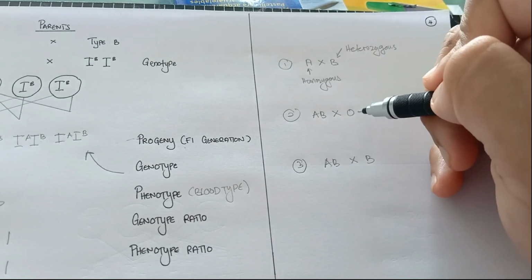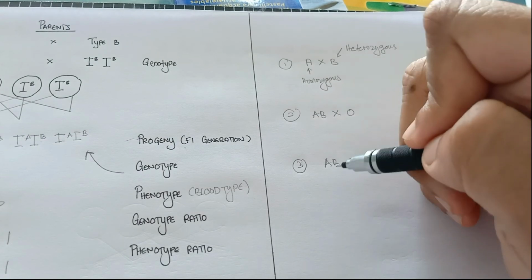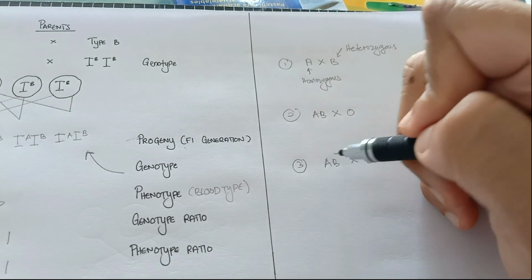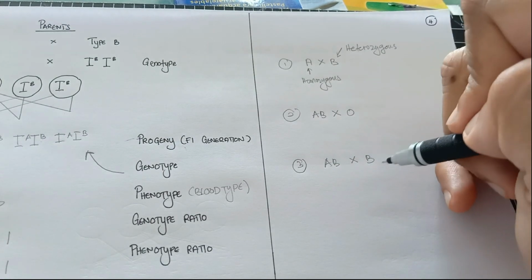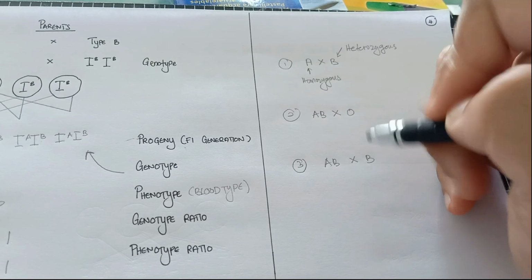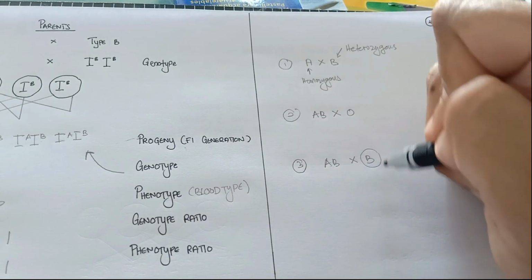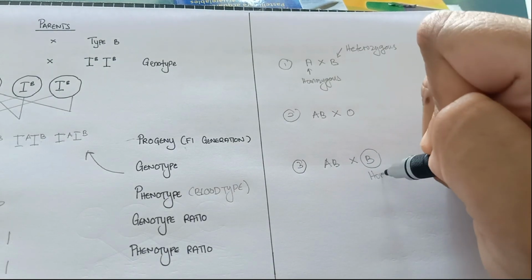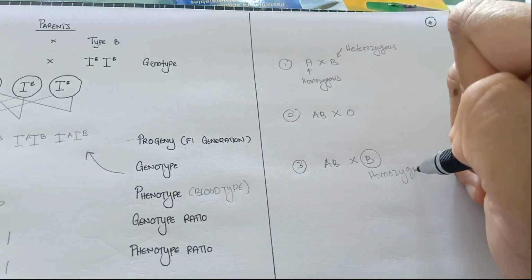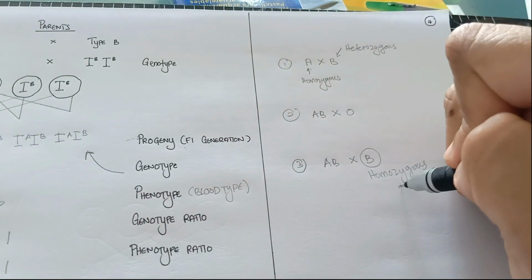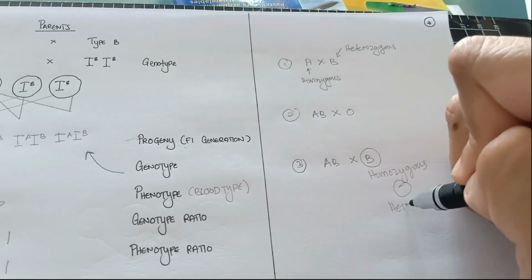Recessive is always homozygous. Now this is homozygous and this can be either heterozygous or homozygous. I give you the freedom. This one you can do either homozygous or heterozygous. It's up to you.